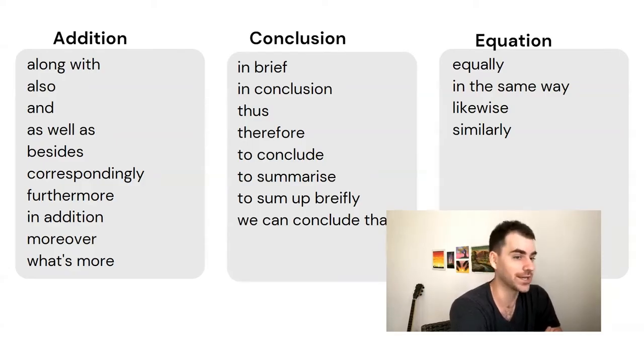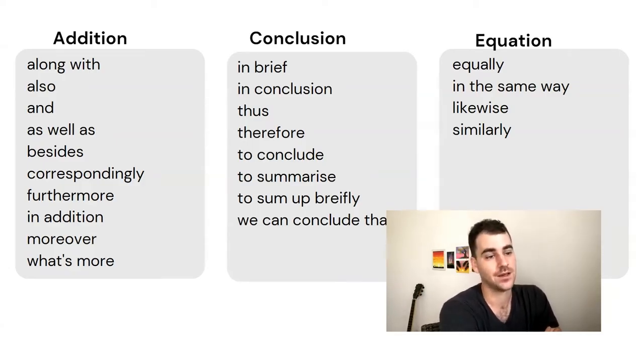I also like tea. Or some of them you have to put at the beginning, like besides. You could say, besides coffee, I also like tea. Or in addition. In addition to coffee, I also like tea. Or you could say, I like coffee, and moreover, I like tea.